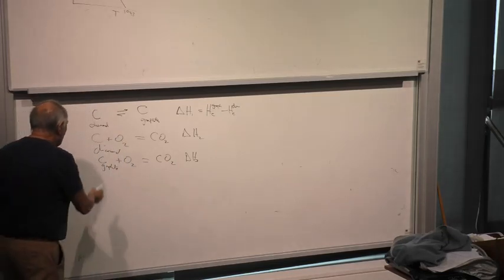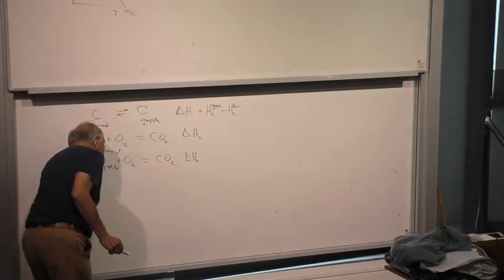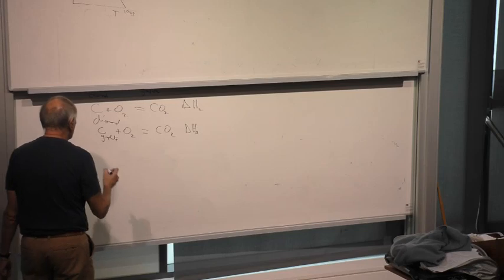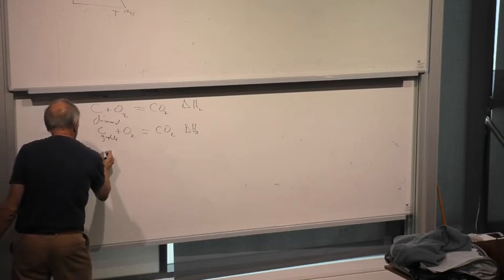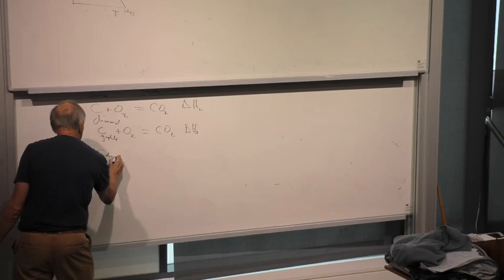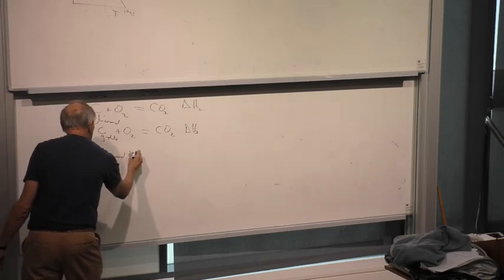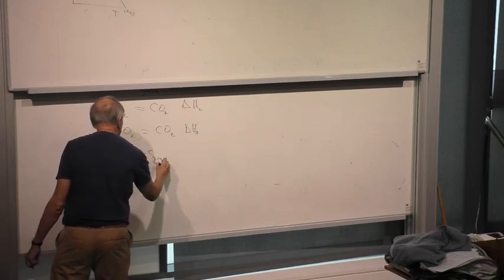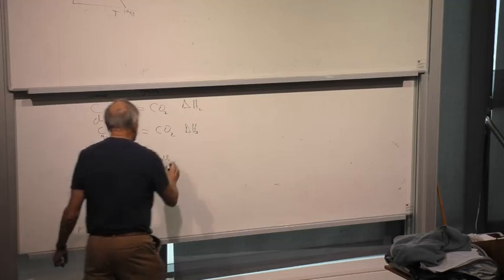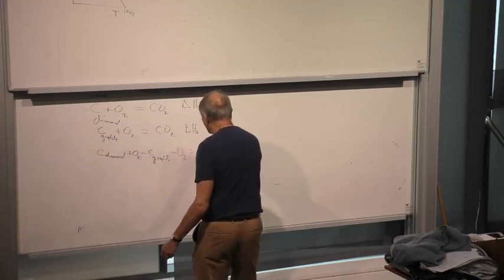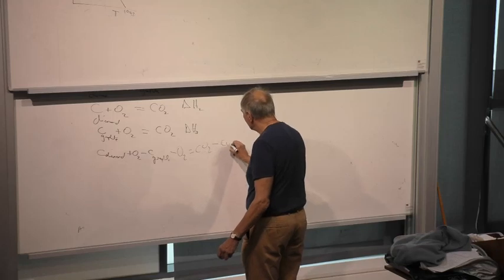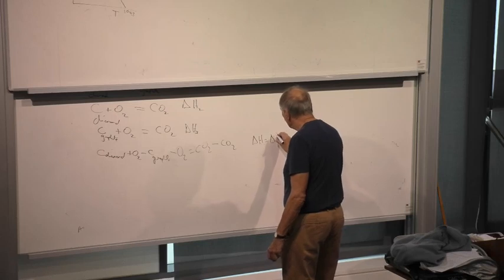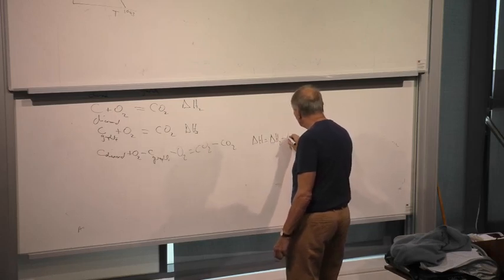So if we subtract this reaction from that reaction, we have carbon diamond plus O2 minus carbon graphite minus O2 equals CO2 minus CO2, and the enthalpy is delta H2 minus delta H3.